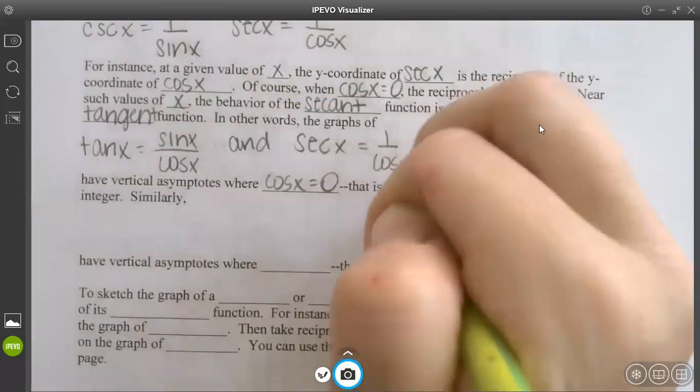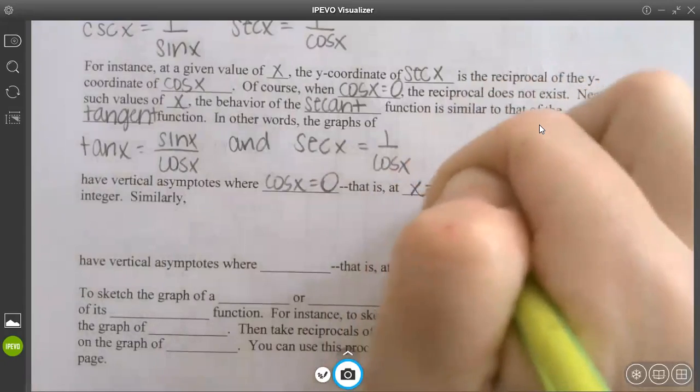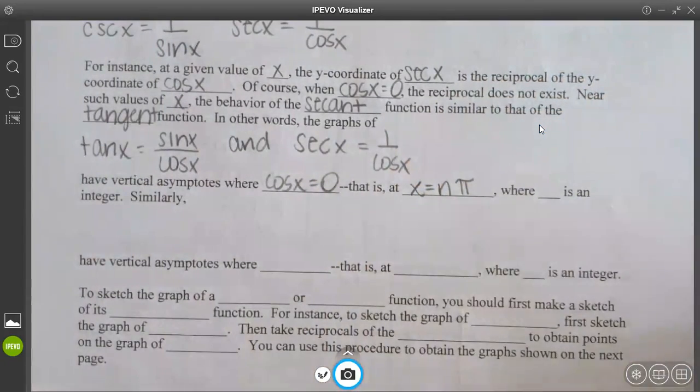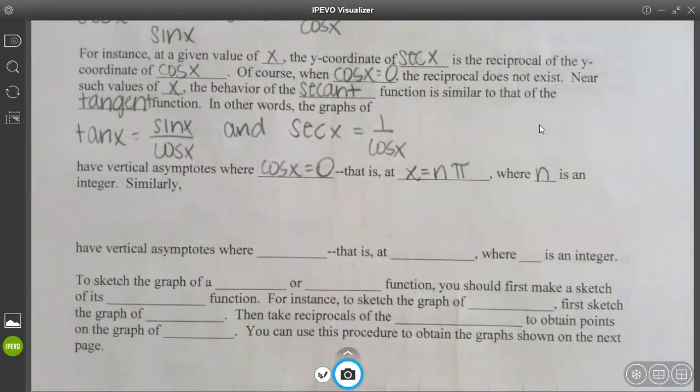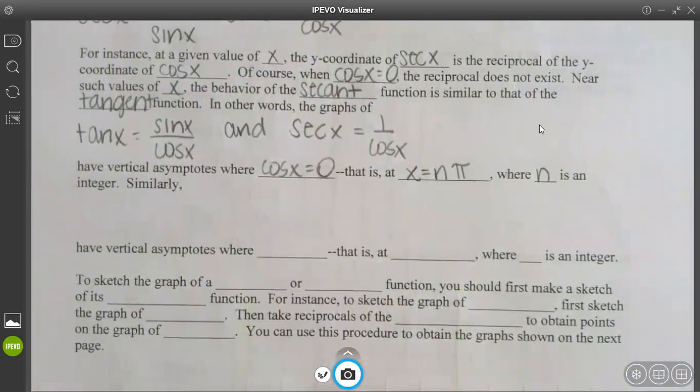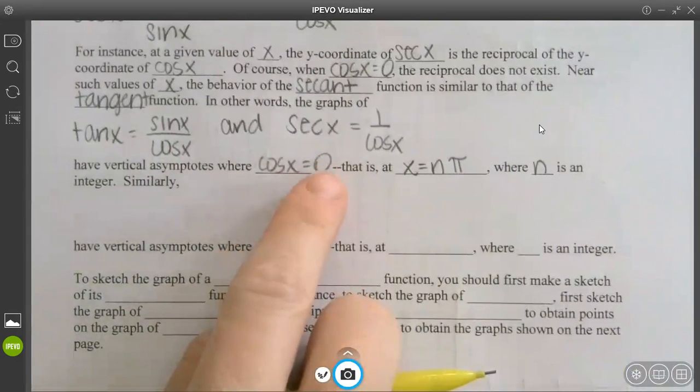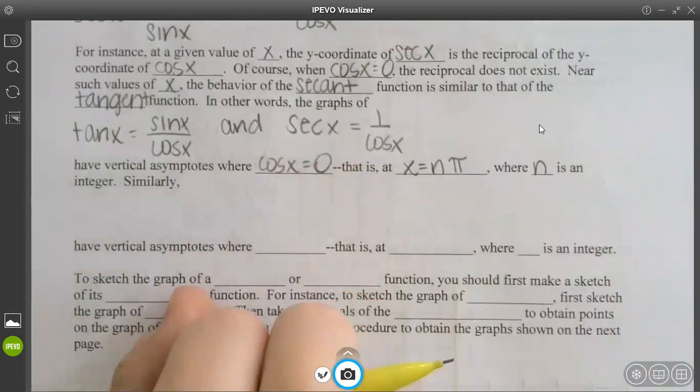That is at x equals n pi, where n is an integer. So at all of our pi's, 1 pi, 2 pi, 3 pi, we have an x value of 0. So that means we're gonna have an asymptote.